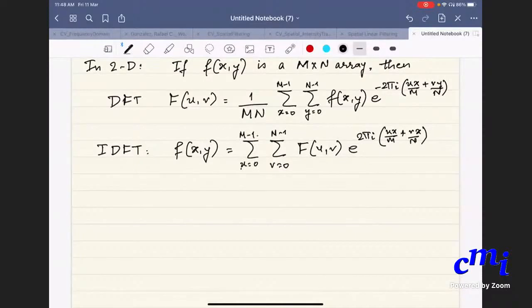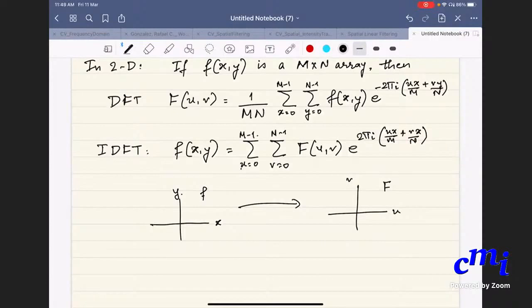So you can think of going from the xy variables, where your image was called f, to a domain where the variables are u and v. And here is your capital F. We will work more on understanding the details of this transformation in the next class.